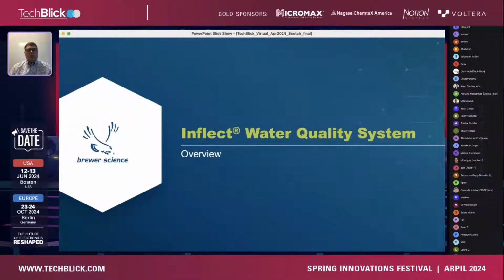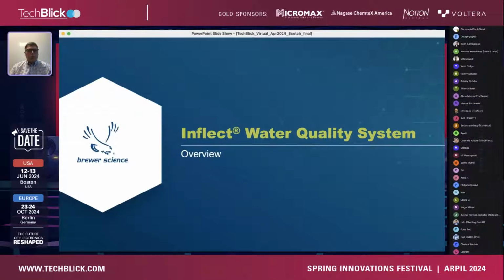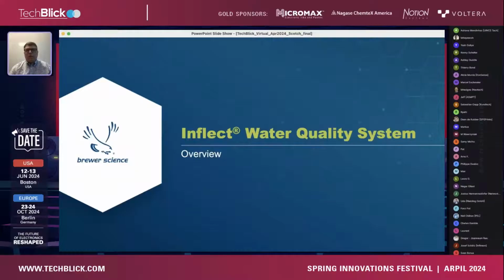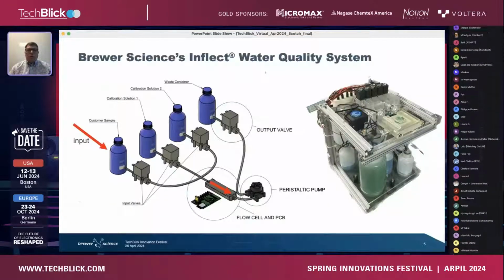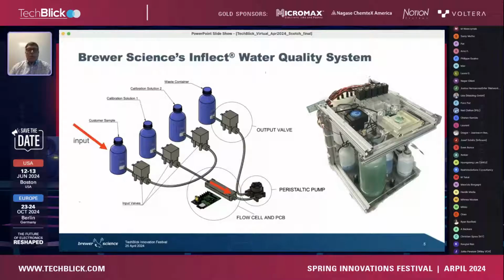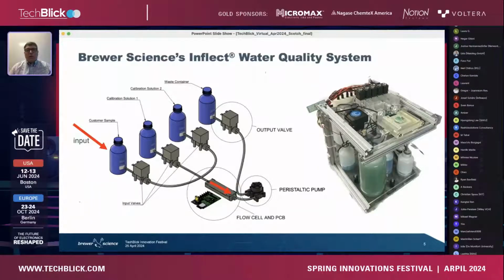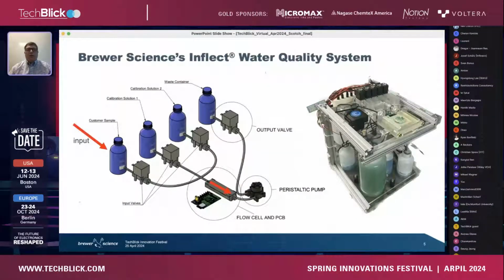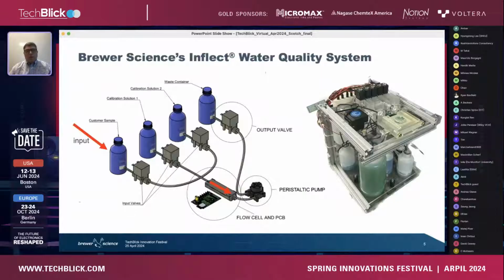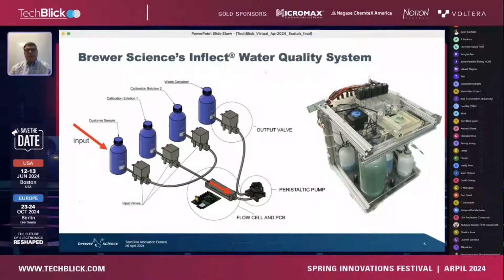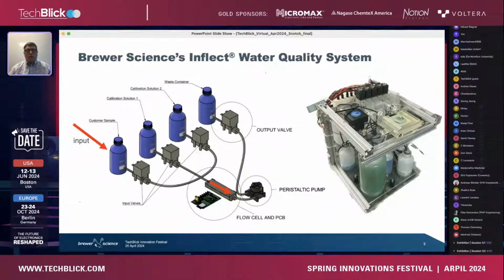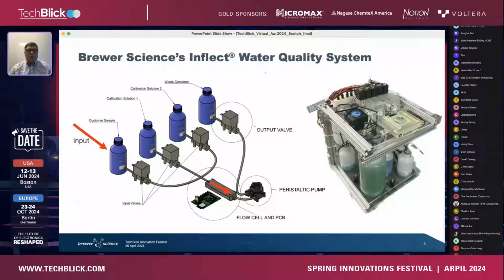We've started developing what we refer to as the Inflect water quality system. Our whole goal here is to make a repeatable, continuous inline monitoring system. So a schematic is shown here on the left. The real basis of our system is centered around what's circled down here, this flow cell and printed circuit board.